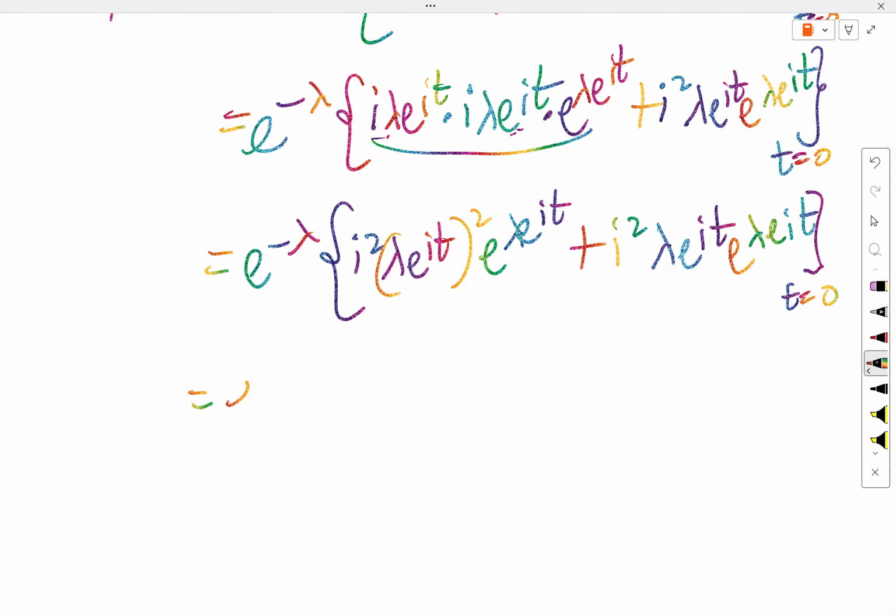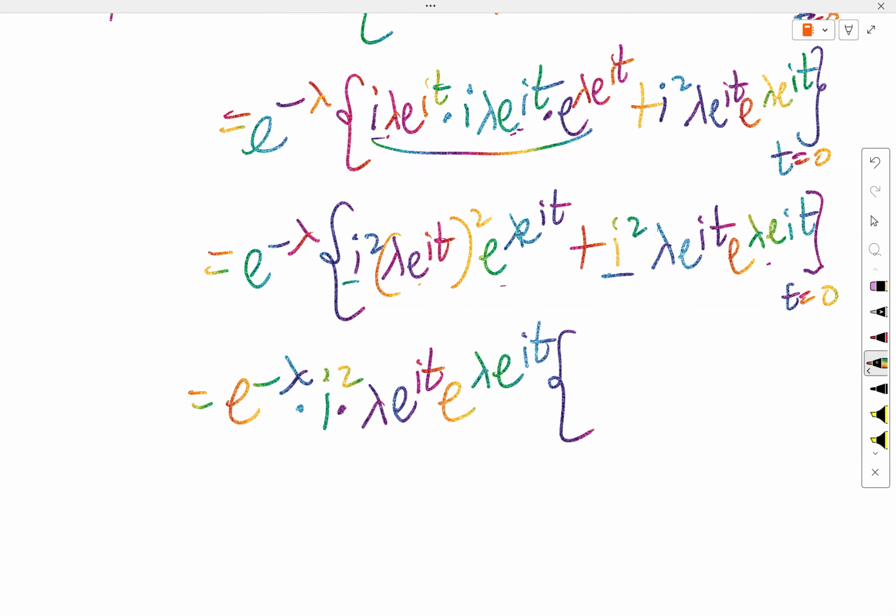So we have e raised power minus lambda out there. Then i squared, I see i squared is common, this one. Then I see that lambda e raised power it is common. We have one here and one here. Then we also have e raised power lambda e raised power it also common, this and that.